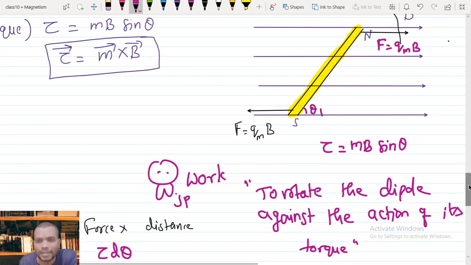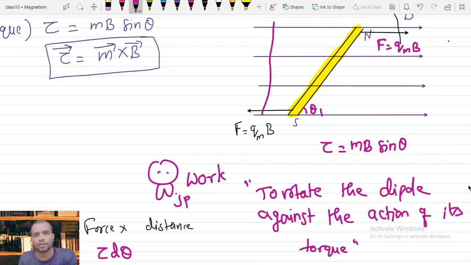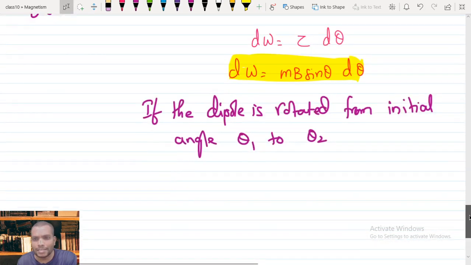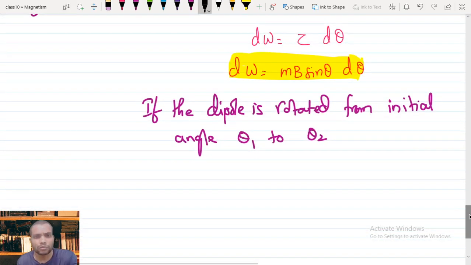Now if I rotate the dipole to another angle, taking the same figure, this is the new orientation of the dipole, making an angle with the horizontal. Let us take this as theta 2. Now there is a change in angle. To rotate that dipole against its torque, how much work do I do?